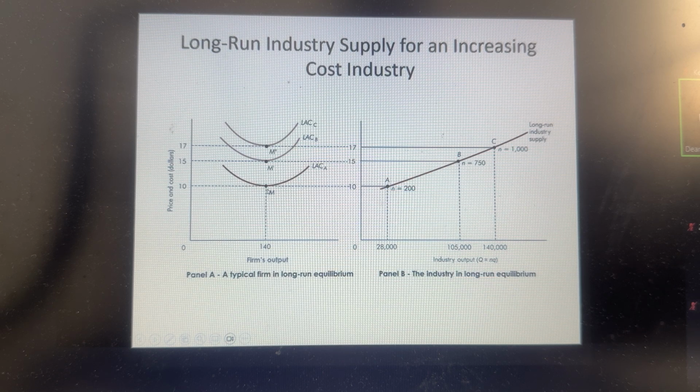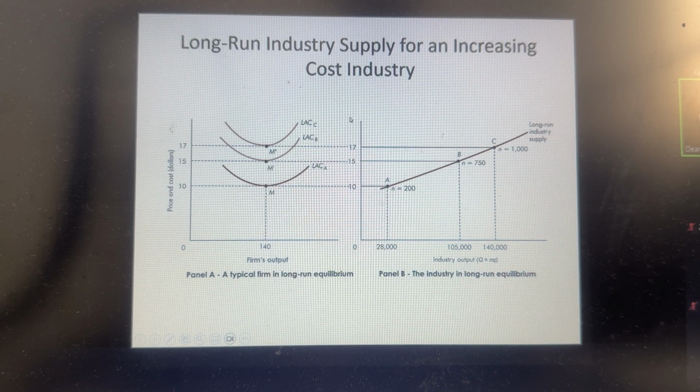And point M is the minimum point of the LAC of firm A, where it is producing 140, and if there are 200 firms like this, altogether at point A the industry will produce 28,000.